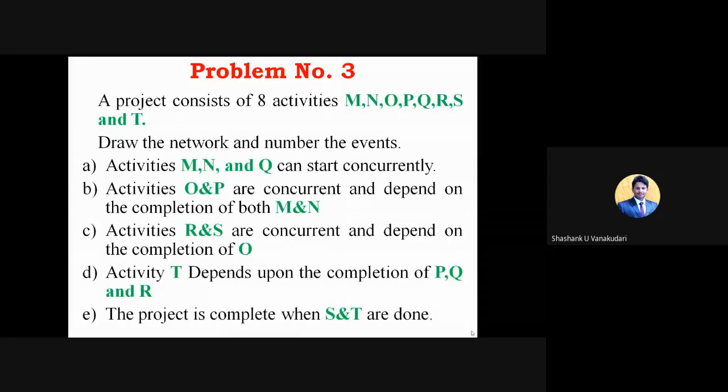Instead of M, if you wrote N, the entire network diagram will go wrong. Instead of P, if you wrote R, again it's the same thing. Yes, can I start now?